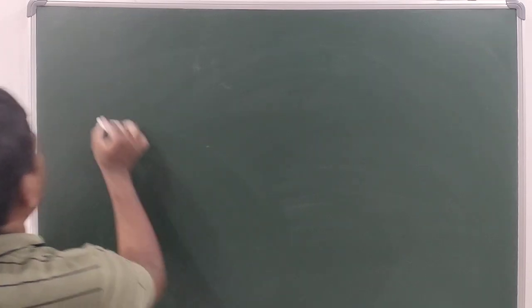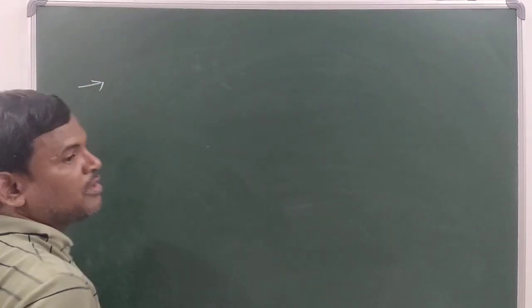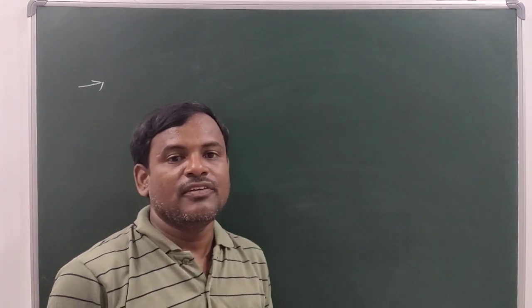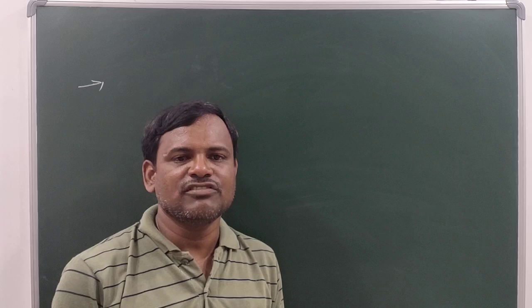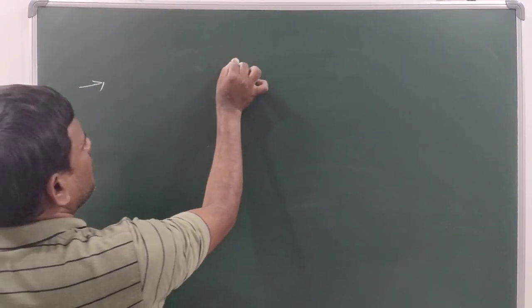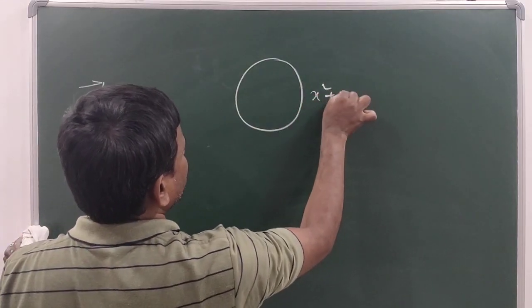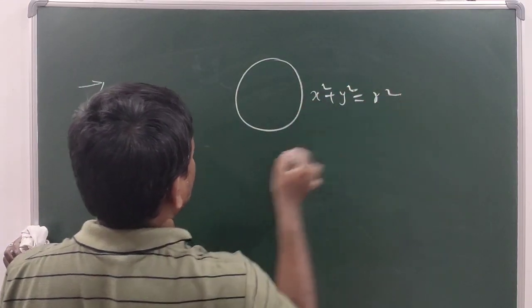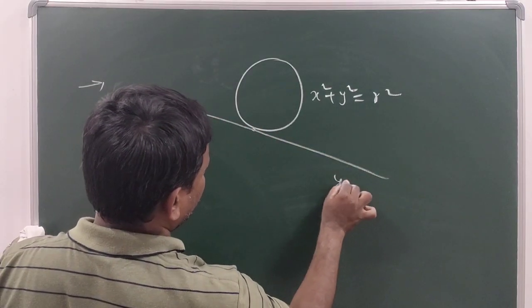Next, suppose we write the condition for a line y equal to mx plus c to be a tangent of x square plus y square equal to r square.